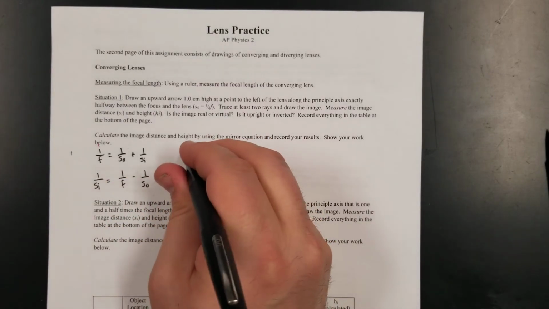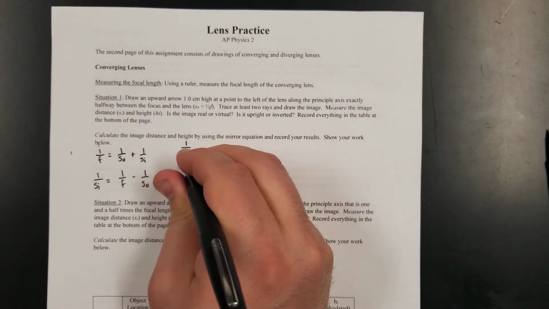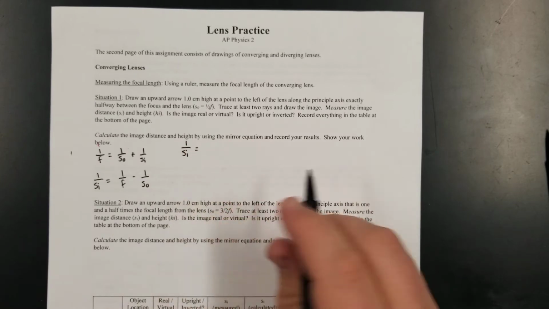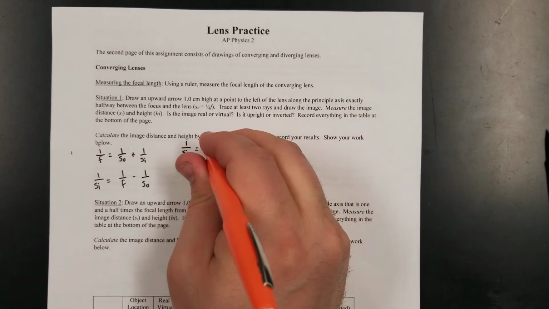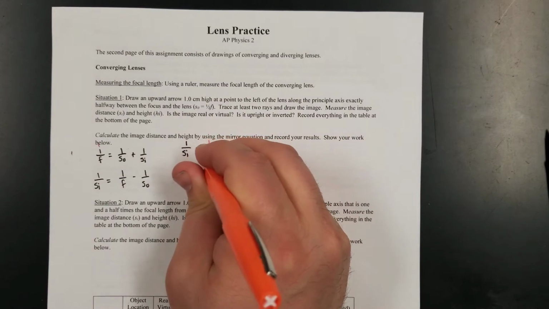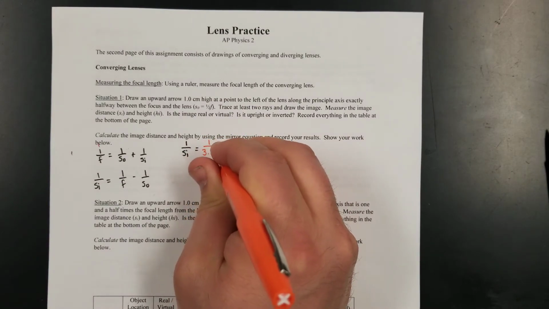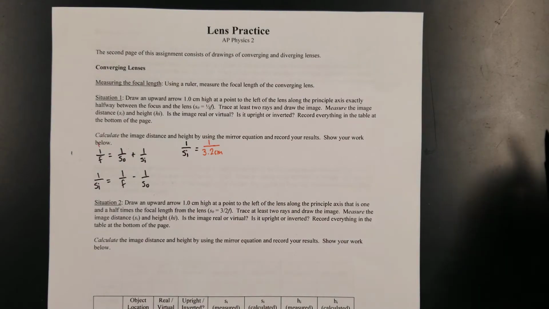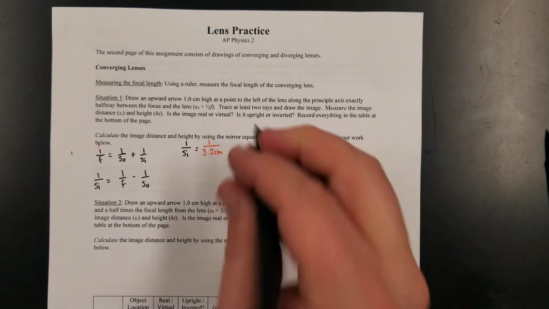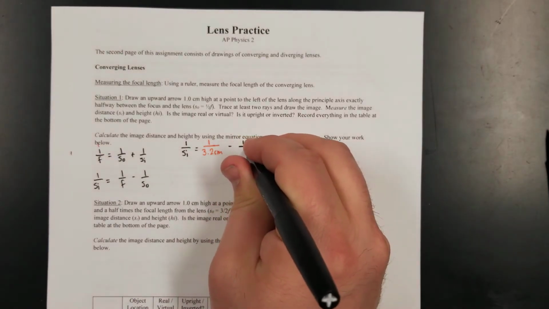I'm just going to leave it like that. So I'm going to solve first for 1 over SI equals. In this case, my focus was 3.2, and then our object distance, where we actually plotted the object, was 1.6.